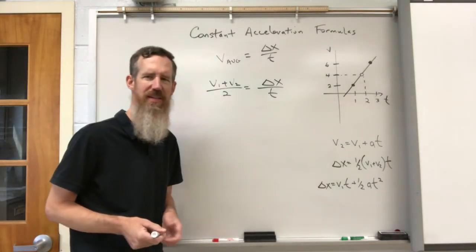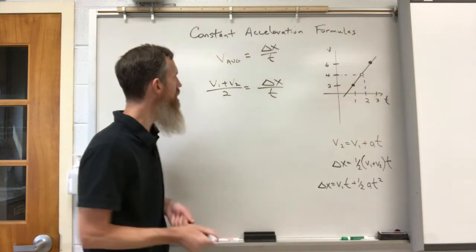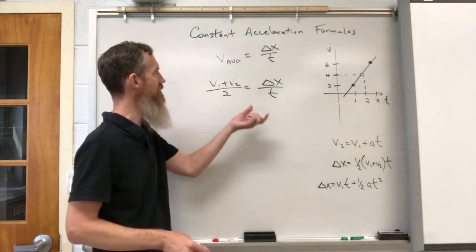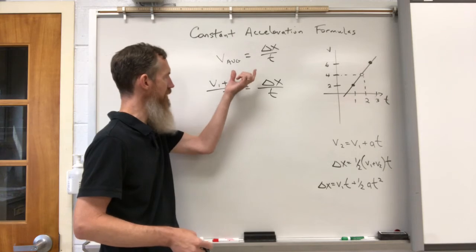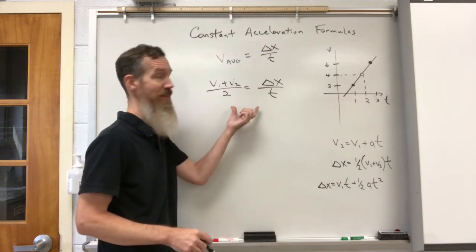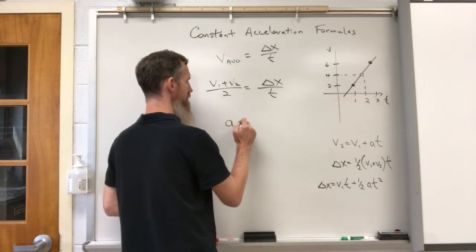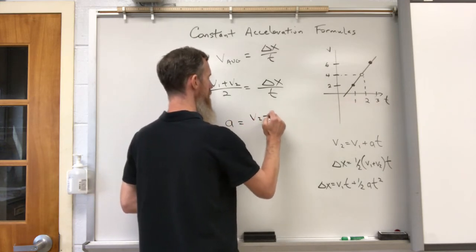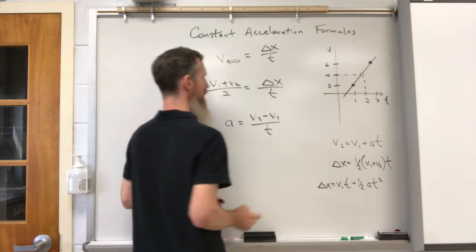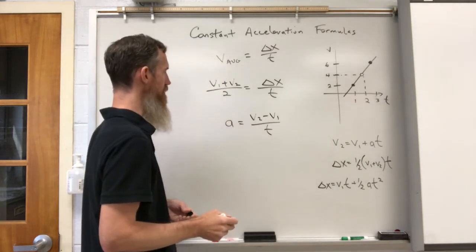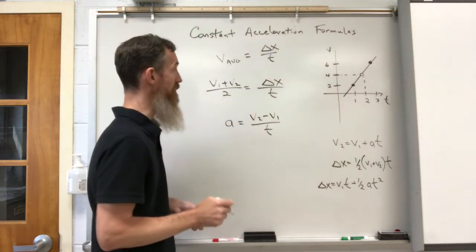Okay. For this last one, it gets a little obnoxious, but let's go through it. We have our definition of average velocity when it works in a constant acceleration situation. I'm going to go back to the constant acceleration formula, and what I'm going to do is merge them together.